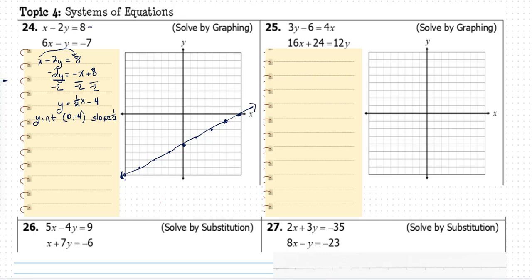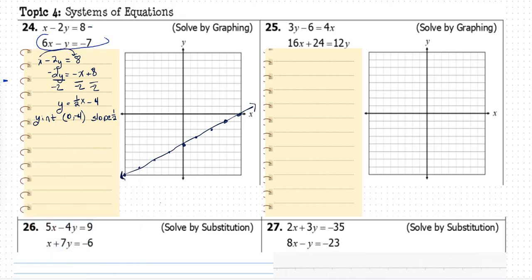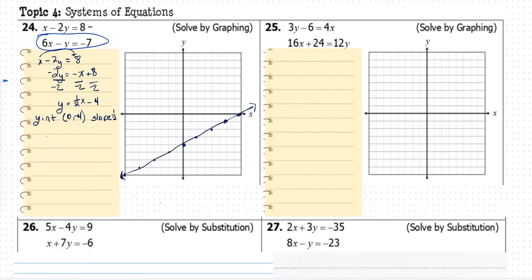So now let's switch gears and use the other equation. And so I'm going to switch colors here. So let's look at the second equation. And so we have 6x minus y is equal to -7.